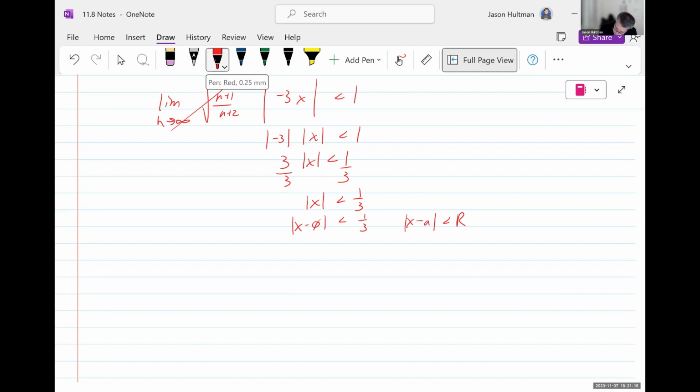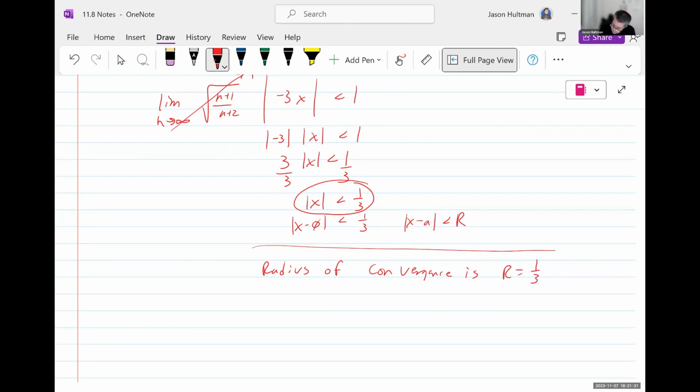So we have this guy here that tells me that the radius of convergence is r equals 1/3. Okay, so that's one answer.